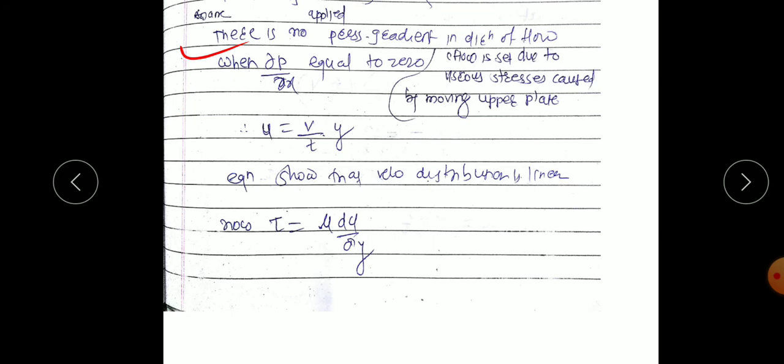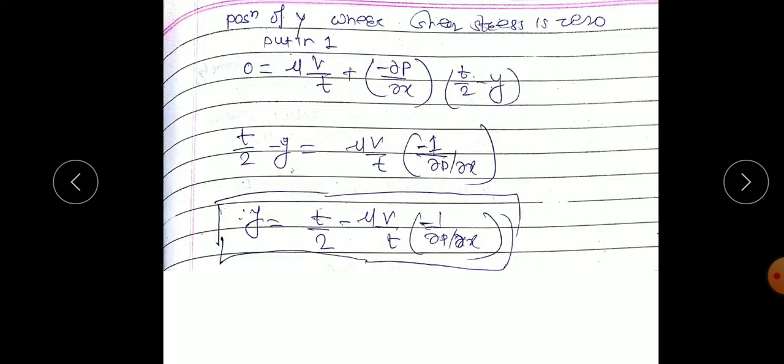We get u equal to a function of only the moving plate velocity, and here it is V by t into y. So this shows that in Couette flow, with one plate moving and another plate fixed, the velocity varies linearly. As there is no y square, u varies linearly along the y direction. So we get the velocity distribution as a linear one.